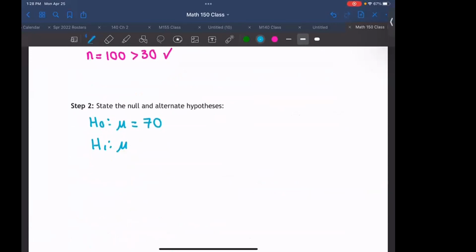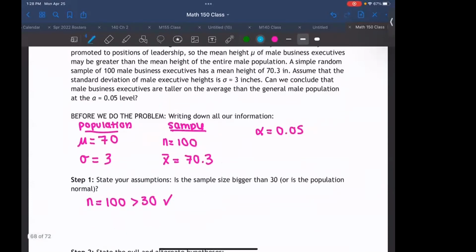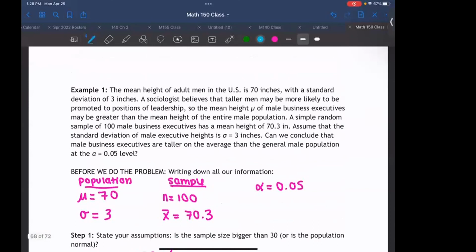Remember, the alternate hypothesis is always going to have the same number, but it's going to have a different symbol. Okay. Let's take a look at the question. Do you think it's going to be bigger, less than, not equal to? Bigger. Why do you say bigger? Because the third, fourth line says, the mean height of male business executives may be greater than the mean height of the entire male population.